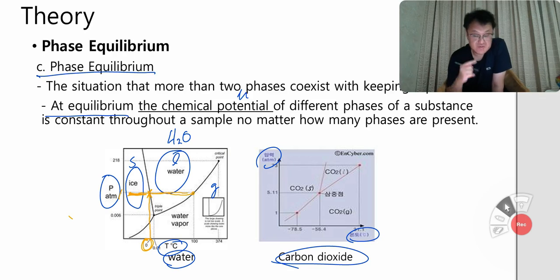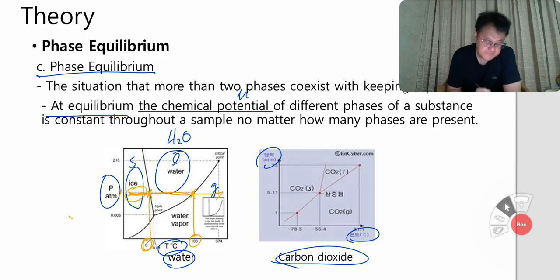And then when the temperature reaches 100 degrees Celsius, the second phase transition takes place, which is the phase transition from liquid to gas, right? So this is the boiling point. When the phase transition is completed again, the temperature can be increased further.